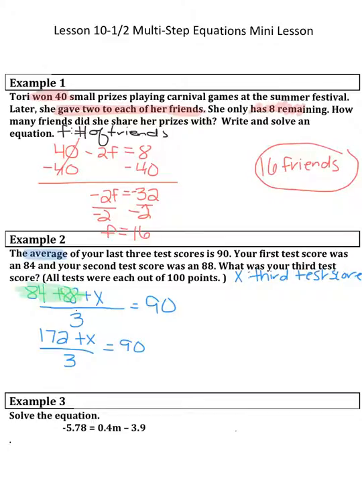In order to do that, I'm actually going to have to get rid of the divide by 3 first. If you can identify that, you know what to do. The dividing by 3 is locking in the numerator. How do you cancel out divide by 3? Multiply by 3. So we're going to multiply both sides of the equation by 3.